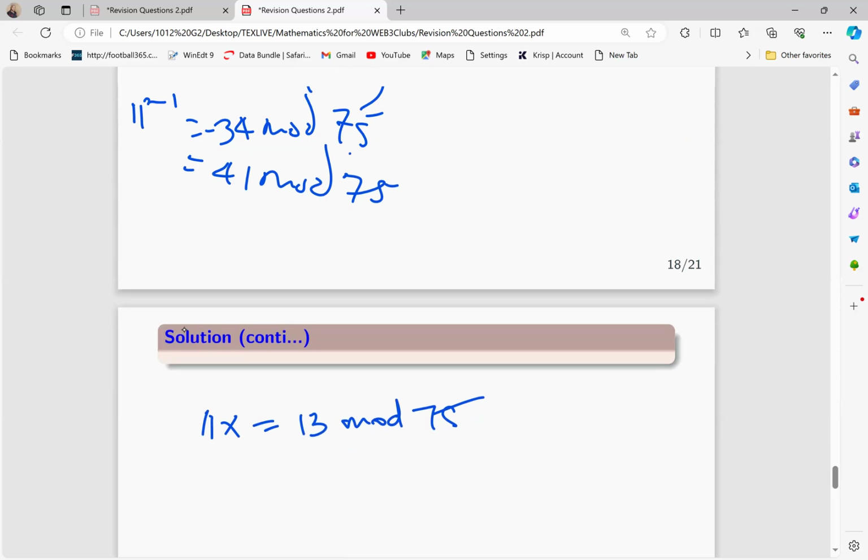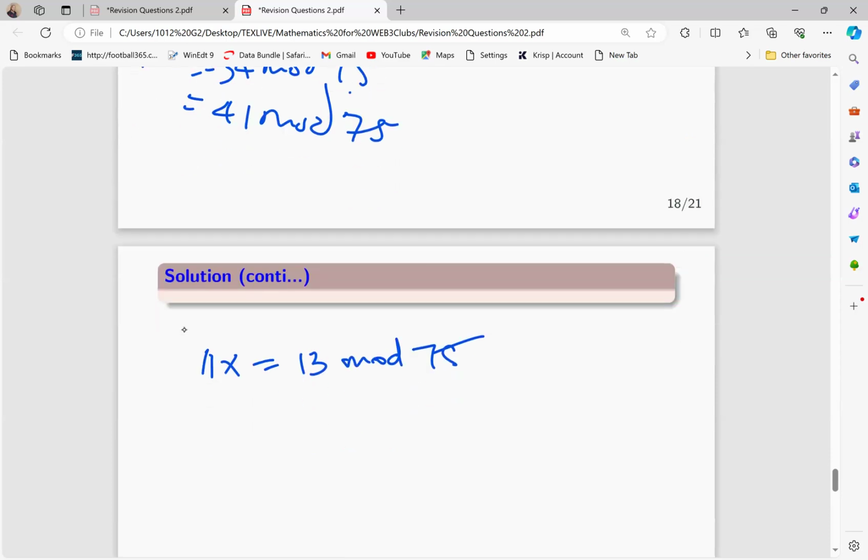Using our solution, we should replace this 11 with the 41. Multiply by 41. That is 11x.